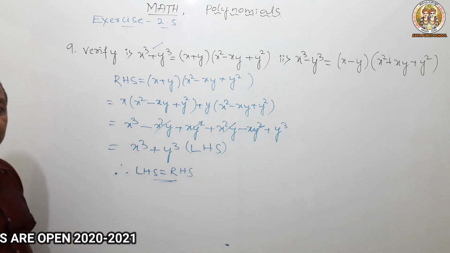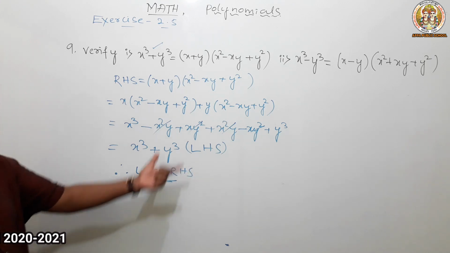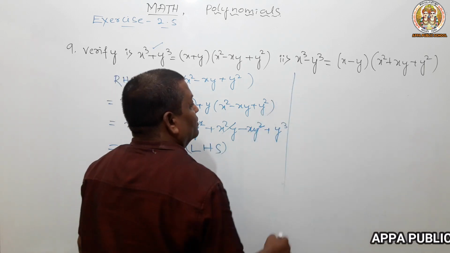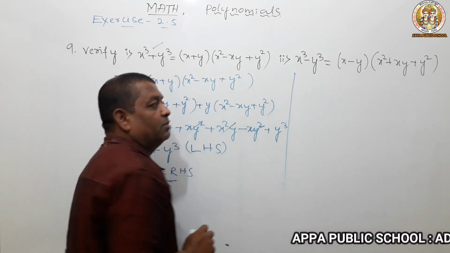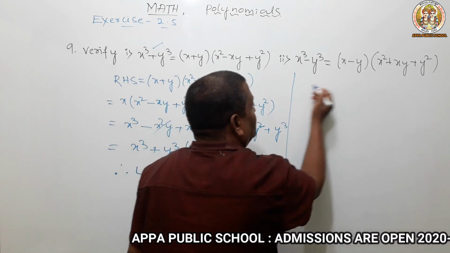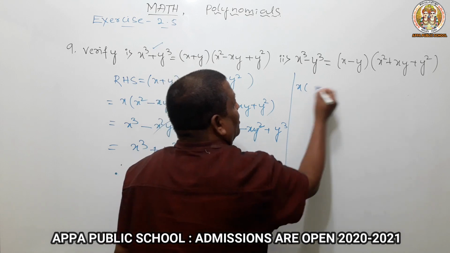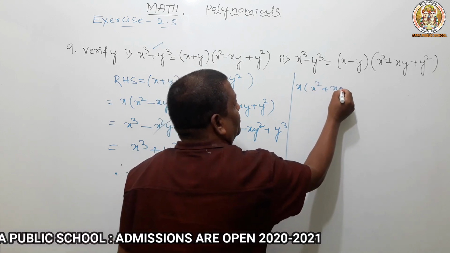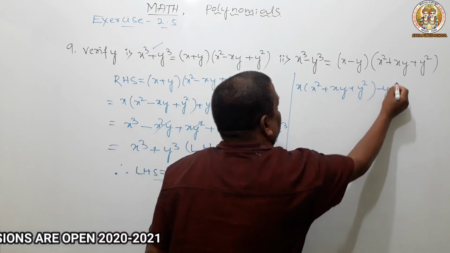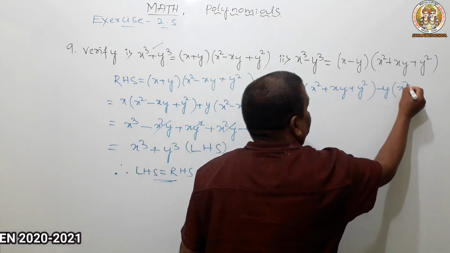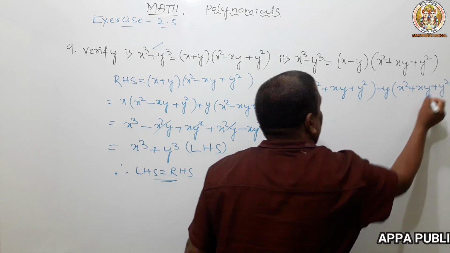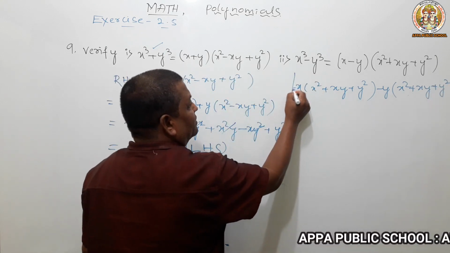Finish. The same way you can do that also. We can get it easily. Here also we can use the same property. Just take x into something, the whole part I will show. Next, minus y into this. Now open the bracket.